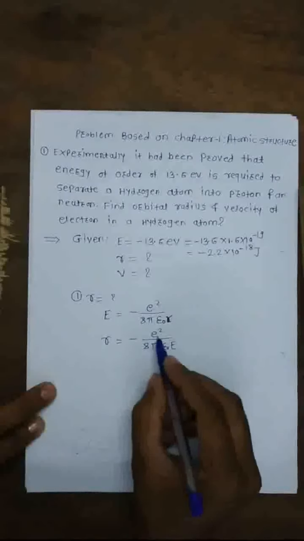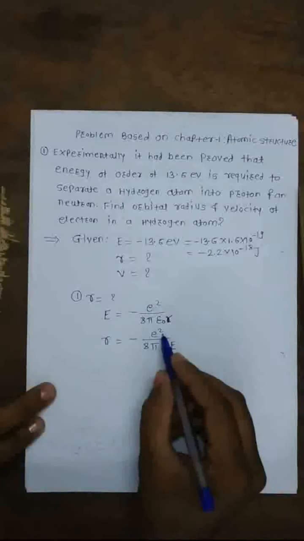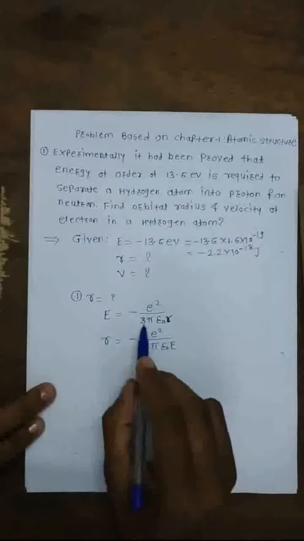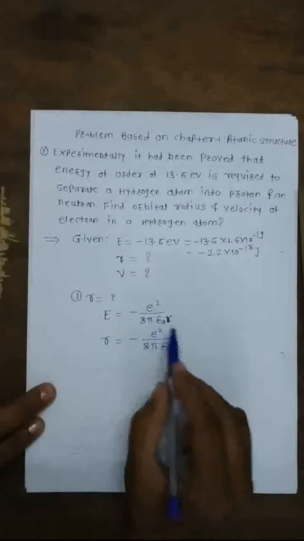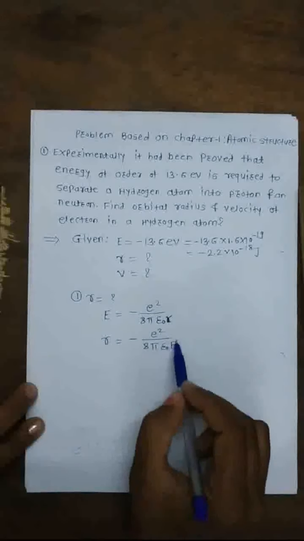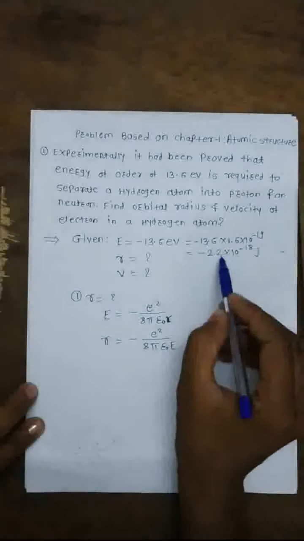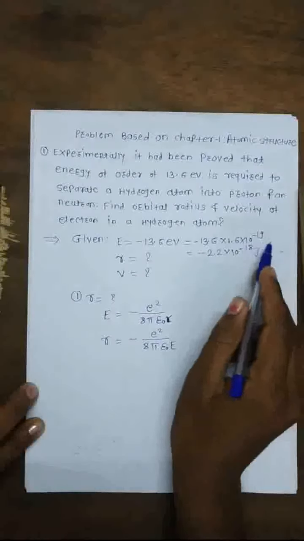e is the charge of an electron, which is 1.6 into 10 raised to minus 19 coulomb. Pi is a constant whose value is 3.14. Epsilon 0 is the permittivity of free space, and E is 13.6 into 1.6 into 10 raised to minus 19 joule.